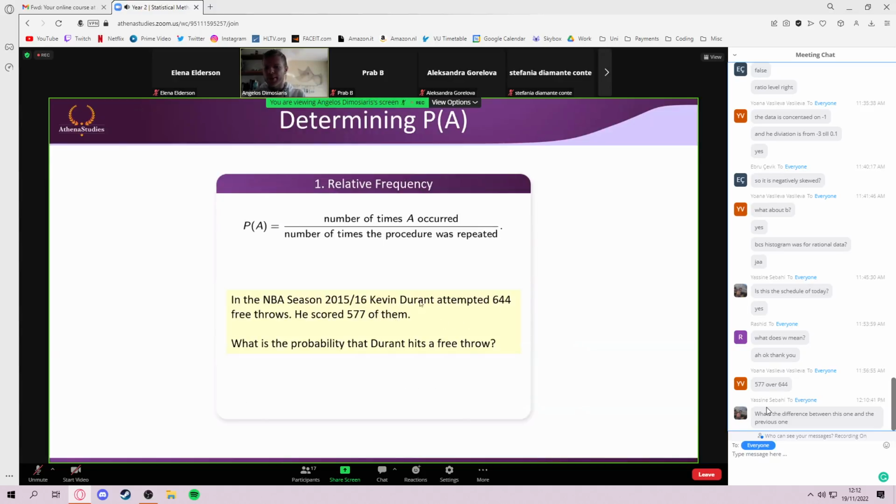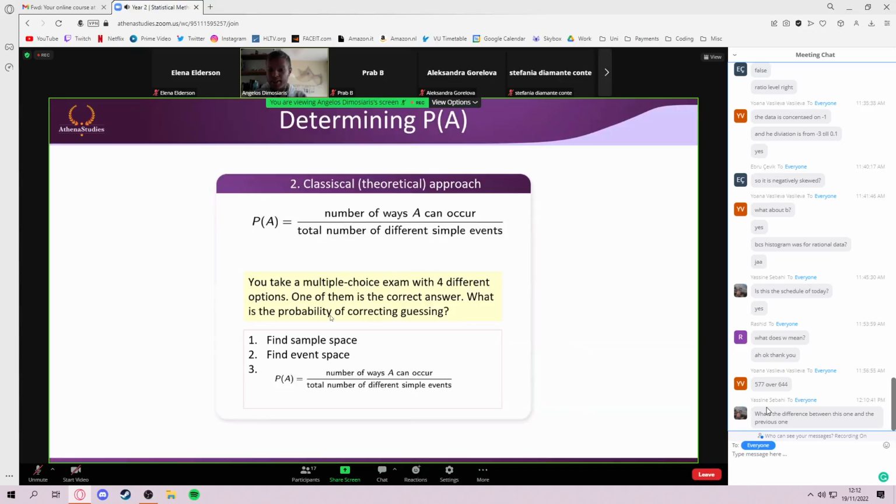If you're not Kevin Durant, for example, you're not going to have the same probabilities of scoring a free throw. But here, the probabilities of correct guessing should be exactly the same for all the people. Make sense?